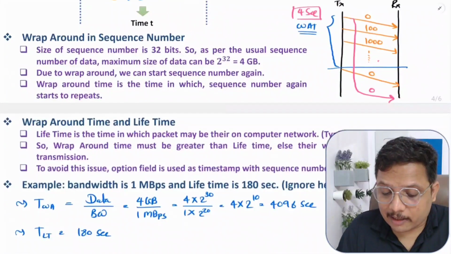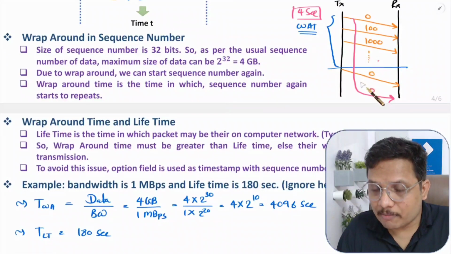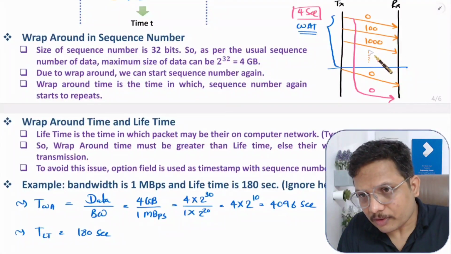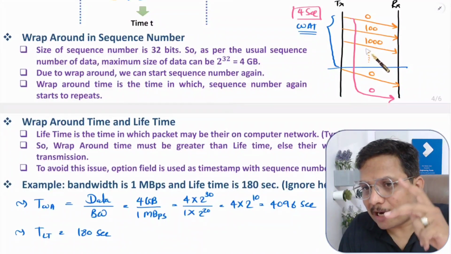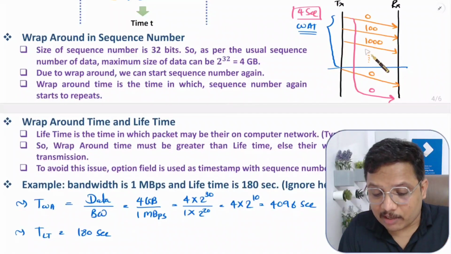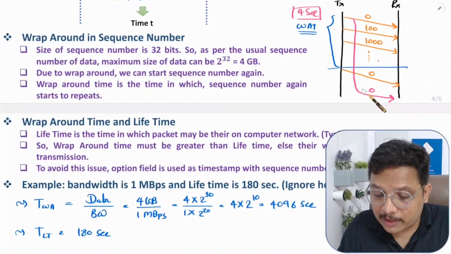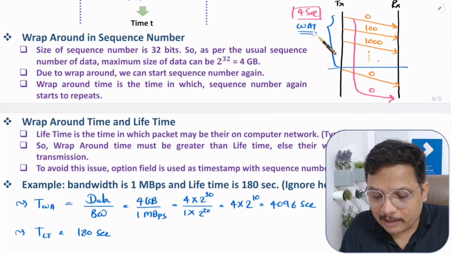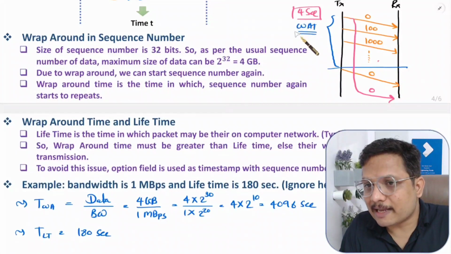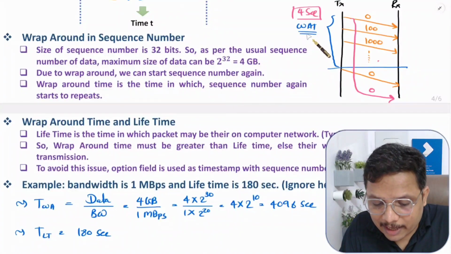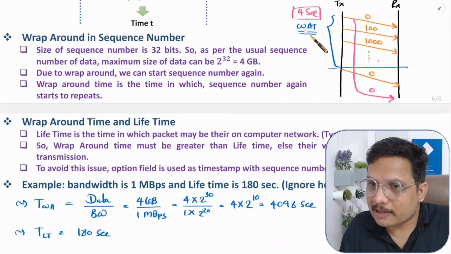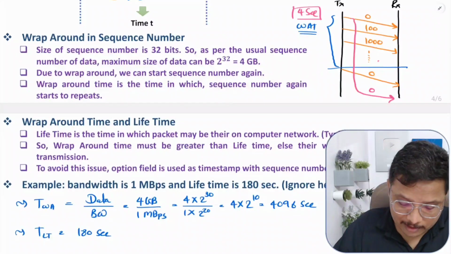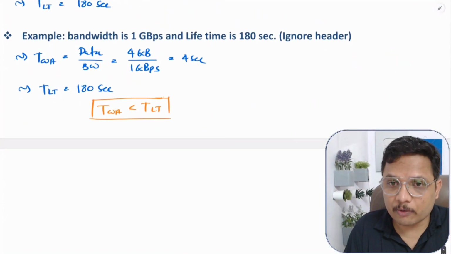See, this issue arises because we have a limited sequence number, right? Up to 2 to the power 32 only, sequence number is possible. But if you increase the sequence number bits, then you will be increasing wrap up time, and you can make wrap up time greater than lifetime. We do that by using the option field.